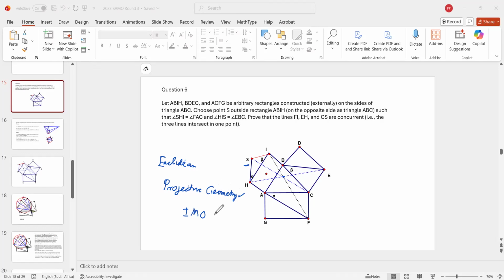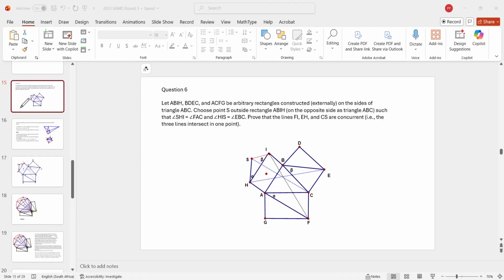And one major theorem in projective geometry speaks about the concurrency like this now, concurrency of lines.